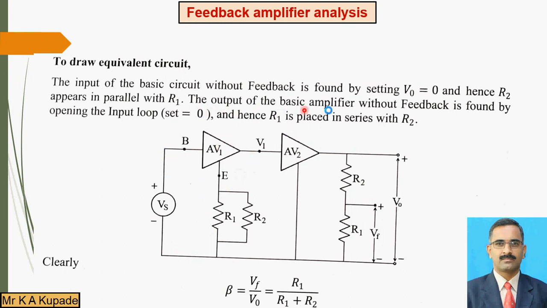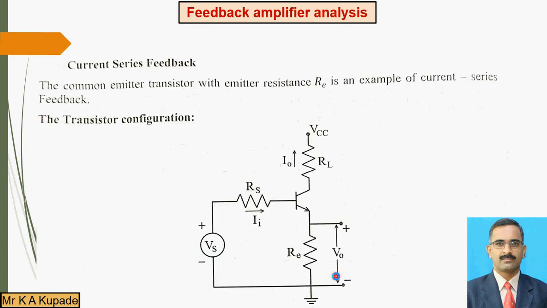Now the output of the basic amplifier without feedback is found by opening the input loop, that is, setting Vs equal to 0, and hence R1 is placed in series with R2. So the beta is Vf upon V0, equal to R1 upon R1 plus R2. Got this.